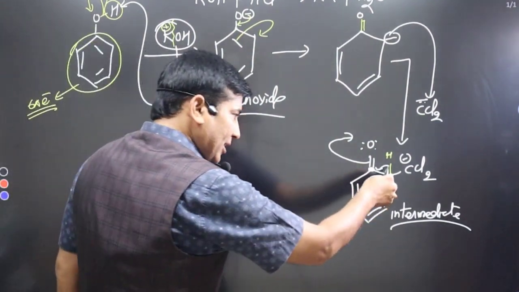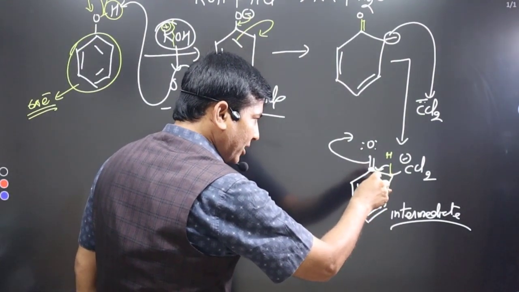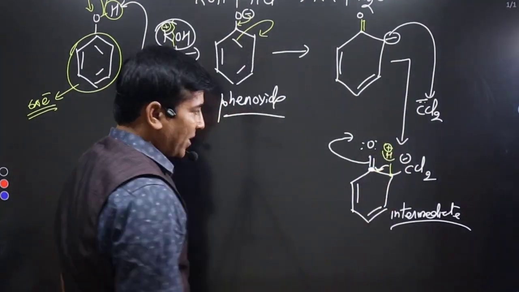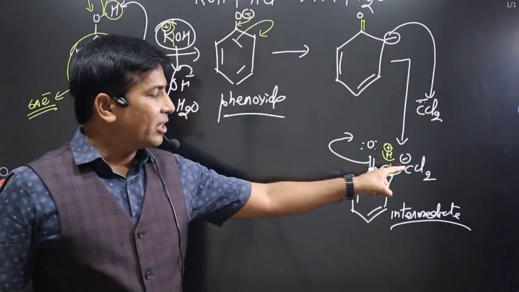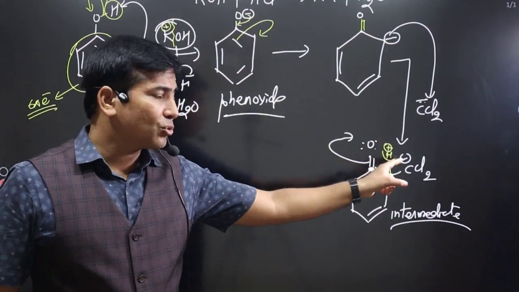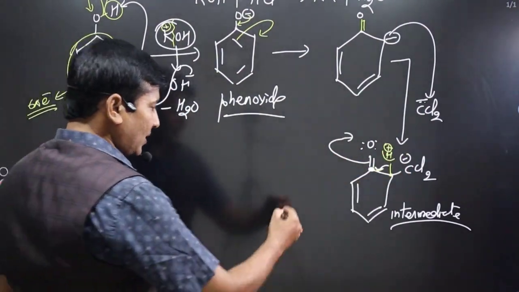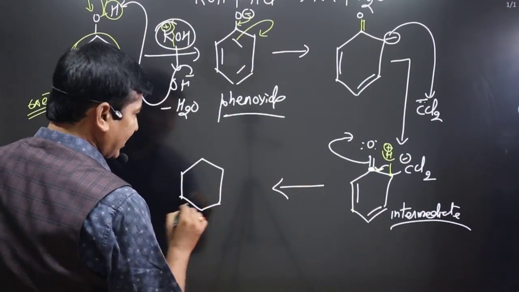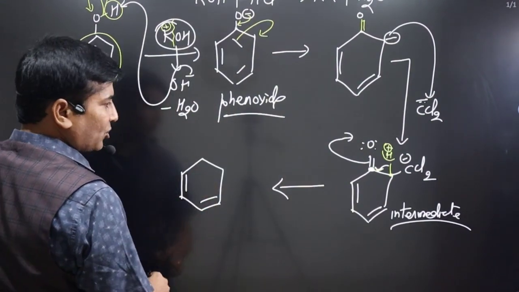When this electron density comes this side, the hydrogen is losing electron density, hence it will be liberated in the form of H+, and this H+ will be attracted by C-, because positive-negative attraction will be there. Now you can see the cyclic ring is there. This bond is safe, this bond is also safe.